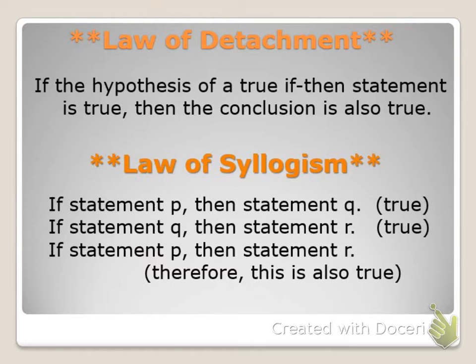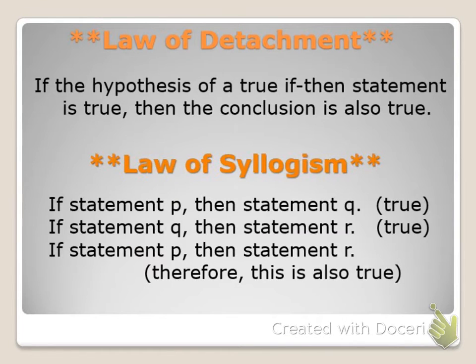The law of syllogism is a little bit more intricate. So it involves 3 different if-then statements. We take the conclusion from the first one. That becomes the hypothesis of the second statement. When that happens, we can basically cut out the middle.